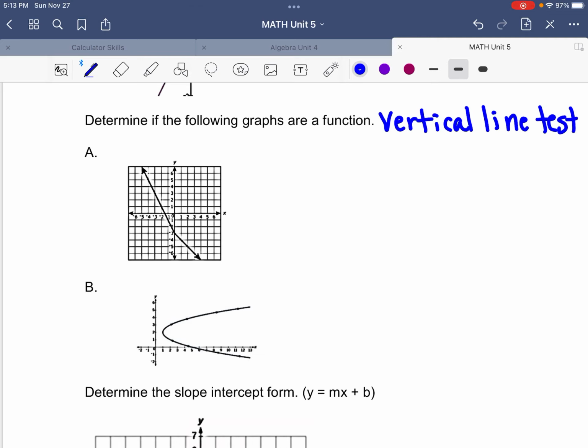As you can see, I can draw a straight line anywhere on this graph and it will not touch the graph more than once. So this is a function because none of the x values are repeated.